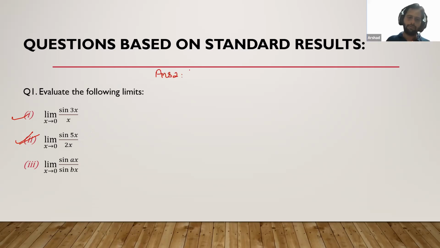So we have this limit x tends to 0 of sine 5x by 2x. Now these two are different. So first of all, we will shift the 2 outside the limit. It is a constant and we don't need it here. So the limit x tends to 0 of sine 5x by x.